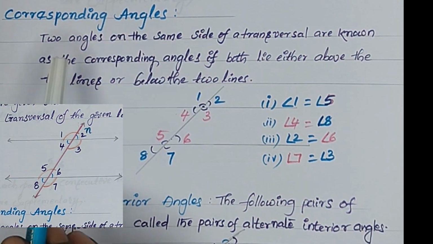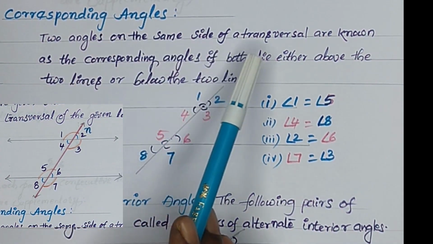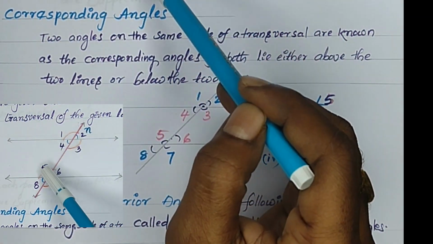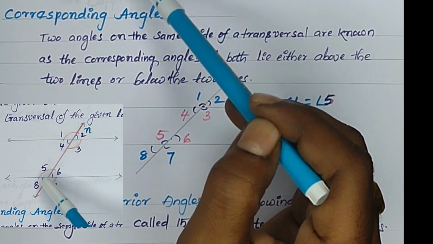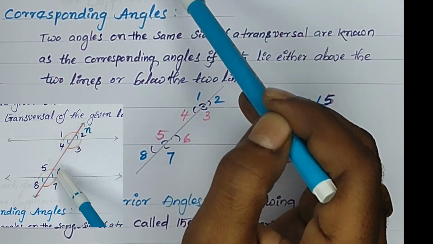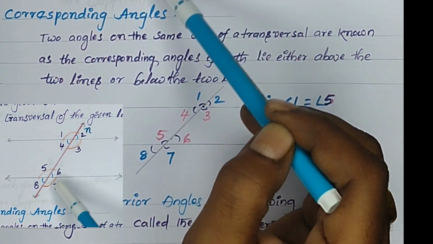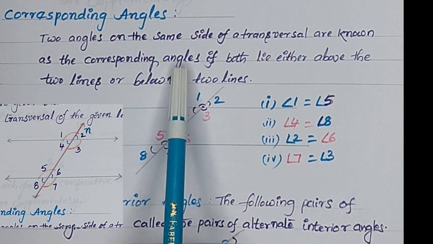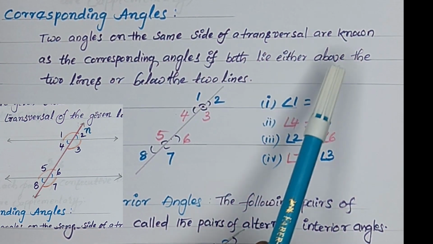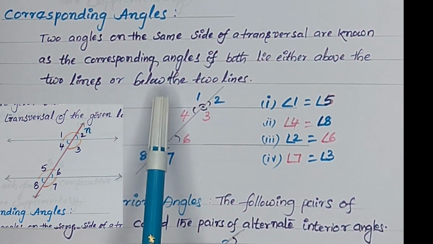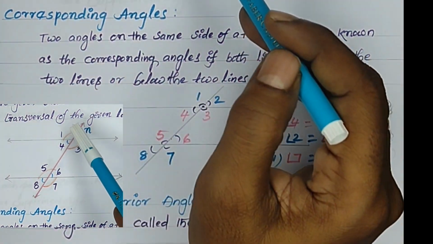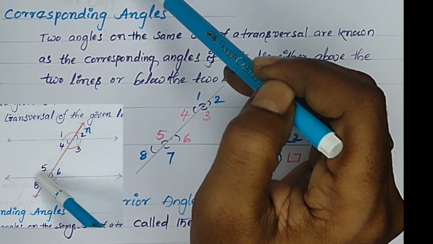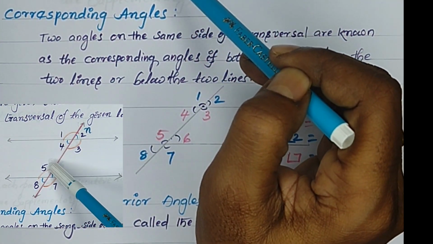Corresponding angles are two angles on the same side of the transversal, both above the two lines or both below the two lines. Angles 1 and 5 are corresponding angles.